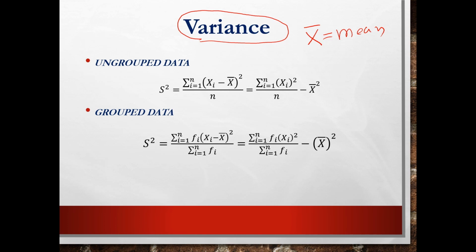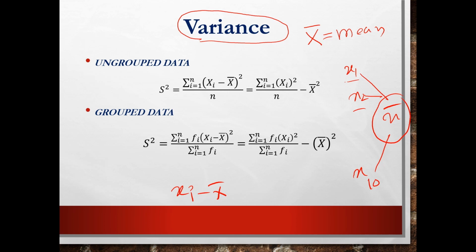So we have the data like this, x1, x2 up to, let's say we have 10 data points. For these data we have an x bar, which is the mean. So we consider the distance of each observation from the mean, which we calculate as xi minus x bar. So that's the raw distance, right?